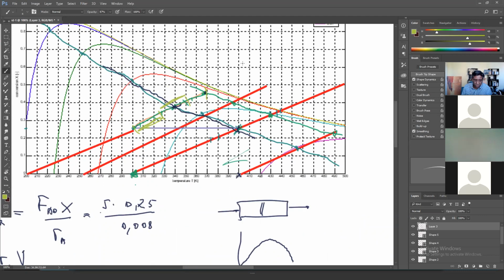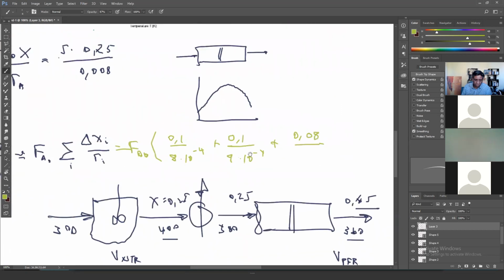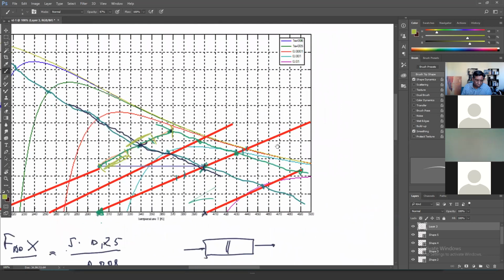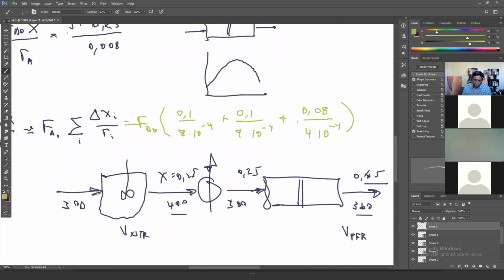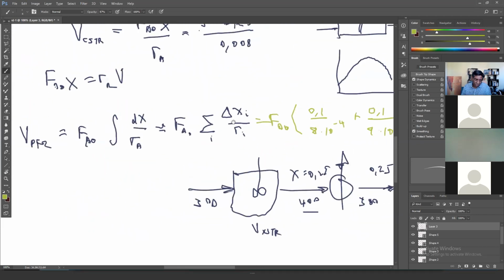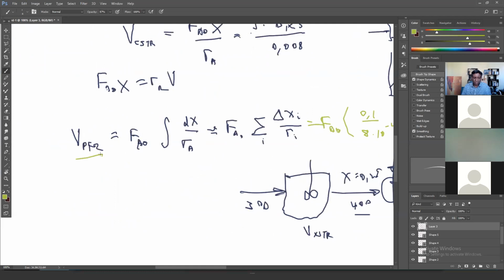But the rate here is closer to the red line, so it's lower. Maybe this one is about 4 times 10 to the minus 4. Of course, when you answer these questions, I can't expect you to be very precise. You have to be choosing the right kinds of estimates rather than expecting accuracy to the nth order. So that's how you can estimate the integral for the plug flow reactor.